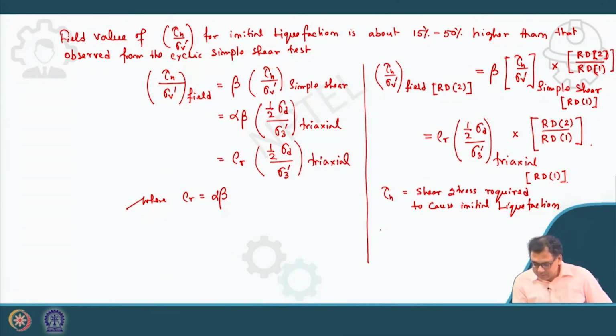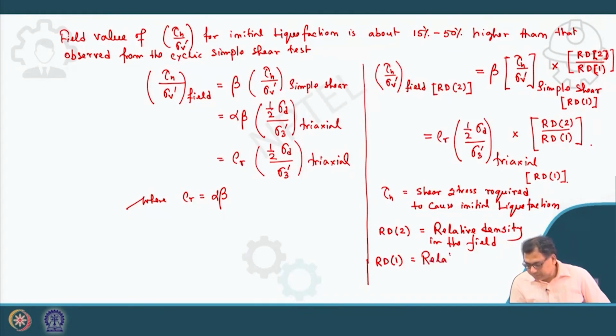Okay. So now, what is the RD I should write first? RD2 is the relative density in the field, and RD1 is the relative density in the lab during the test.